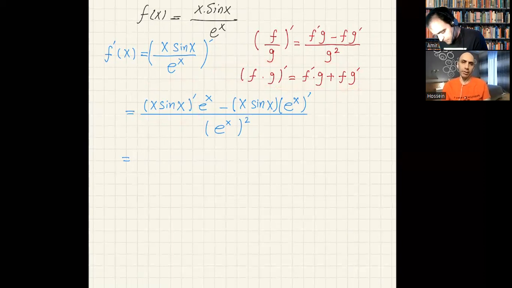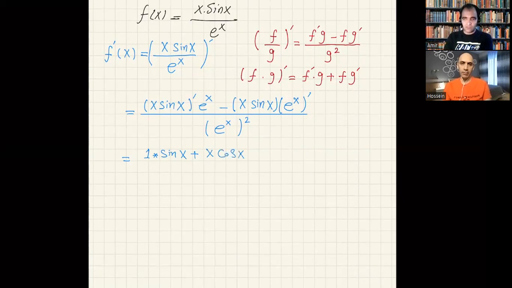The derivative of the x, which is 1, times sine of x, plus the derivative of the second one, the sine of x, which is cosine of x, times the first one, x.